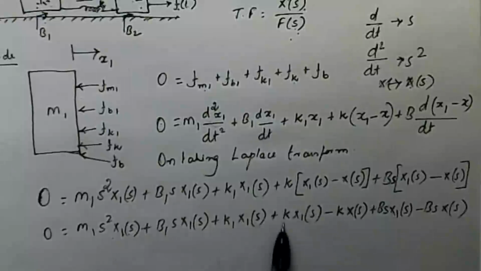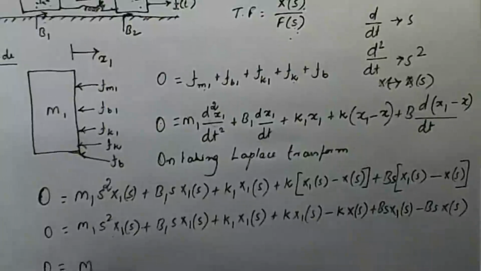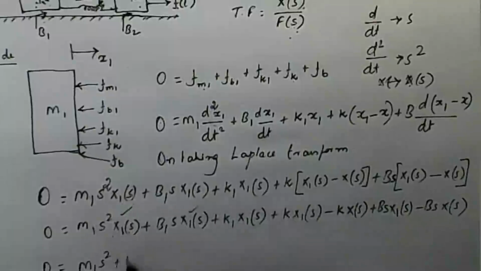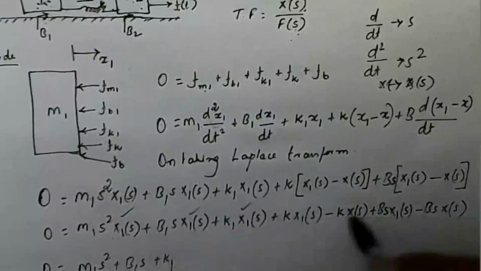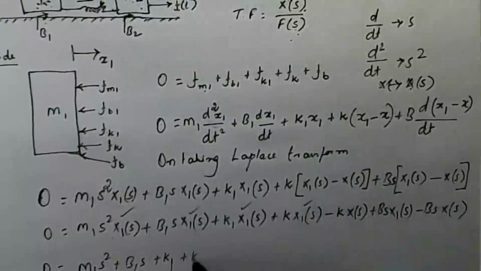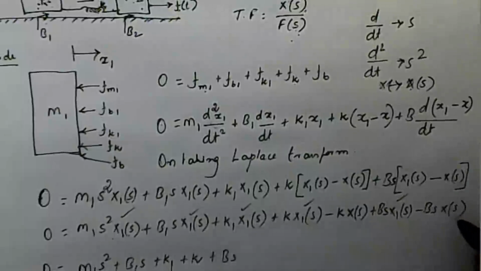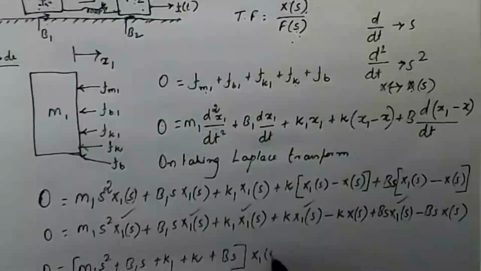These are the x1 of s terms. Find the x1 of s from this equation. 0 is equal to, take x1 of s common: m1 into s square, this is the x1 of s term, then b1 into s, then plus k1, plus k, then plus bs into x1 of s.